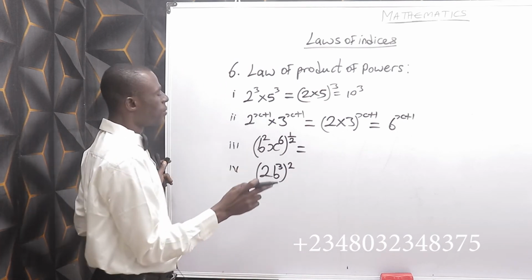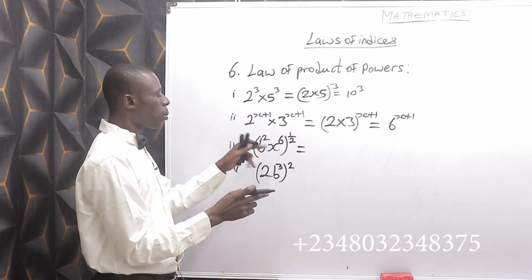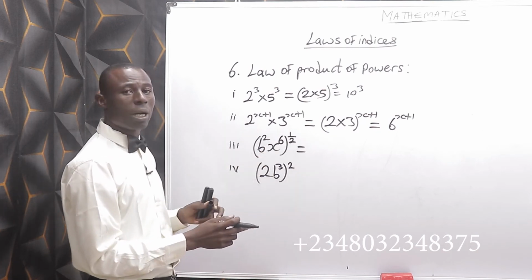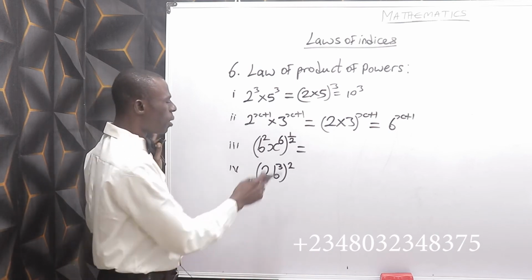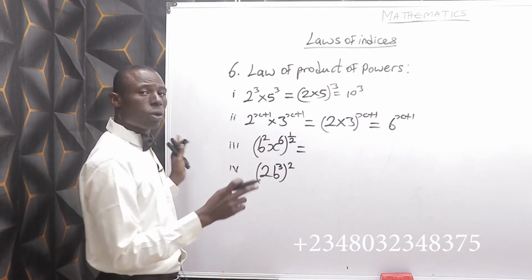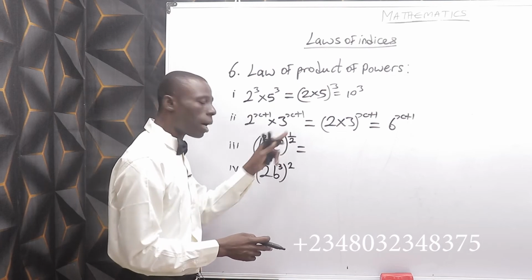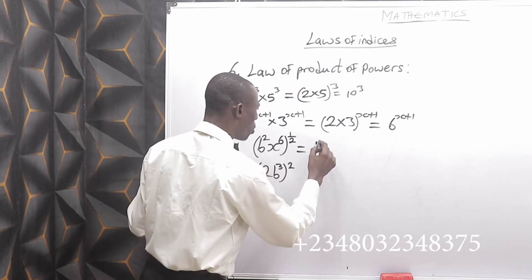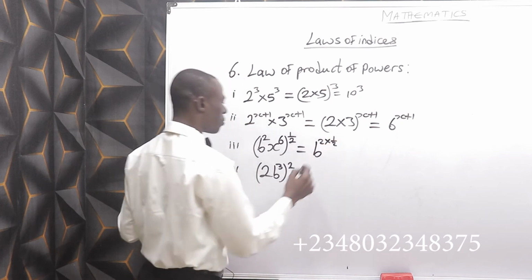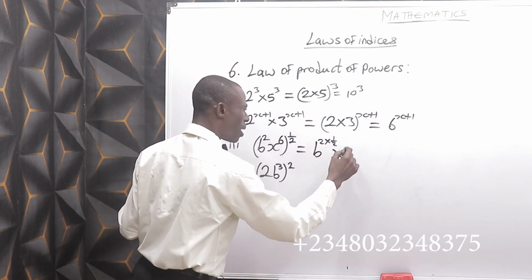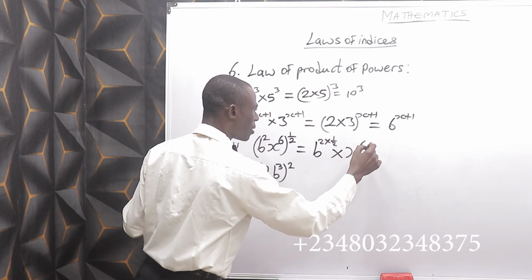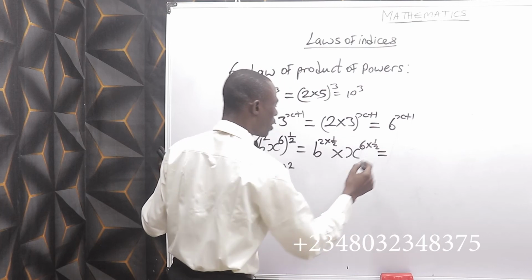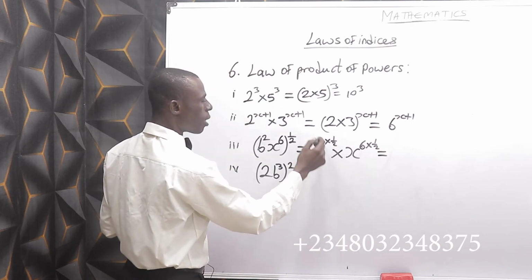What of this? This means b raised to the power 2 has its own share of 1 over 2 as the power. x raised to the power 6 also is entitled to the power half on the brackets. So what do we do? We have b raised to the power 2 times half times x raised to the power 6 times half, which eventually gives us, 2 here, we cut the 2.